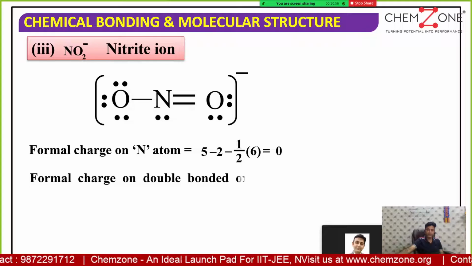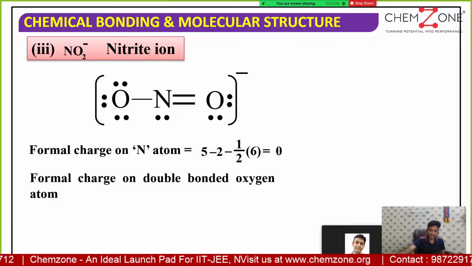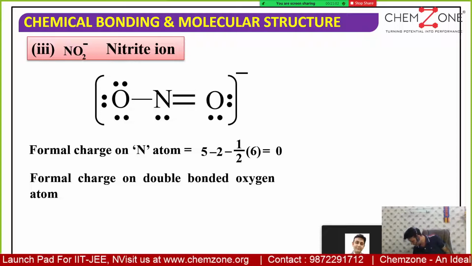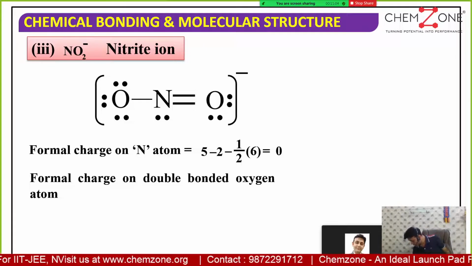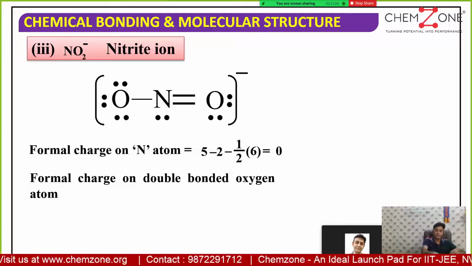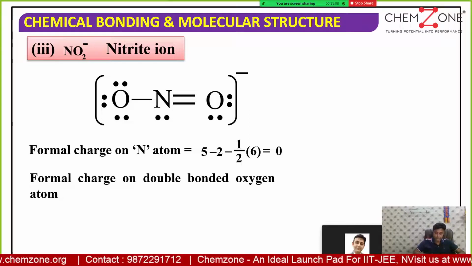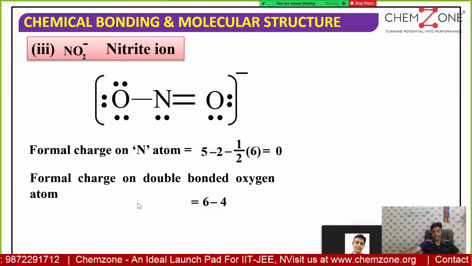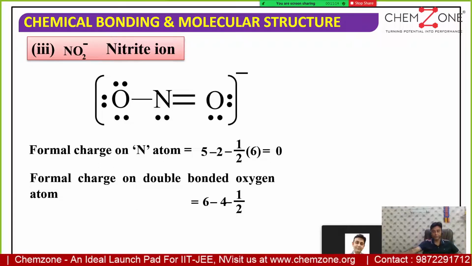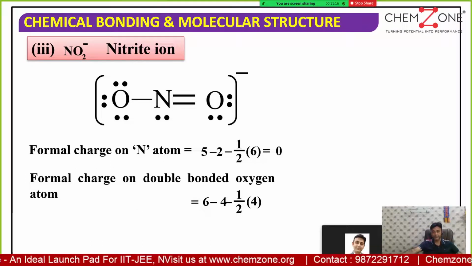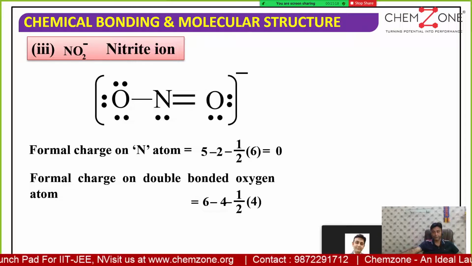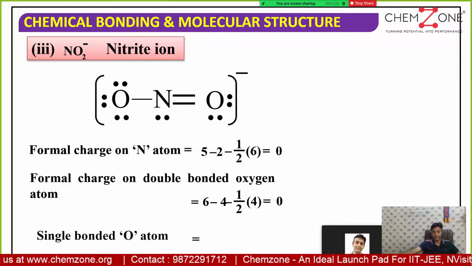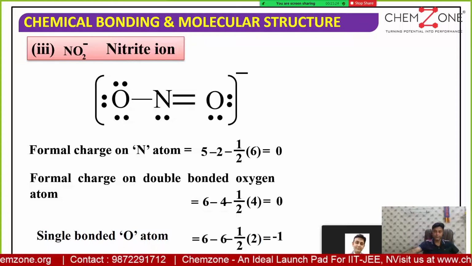Okay, on the double bonded oxygen atom: 6 minus 4, half of the 4, 0. Okay, single bonded oxygen atoms: minus 1. Good.